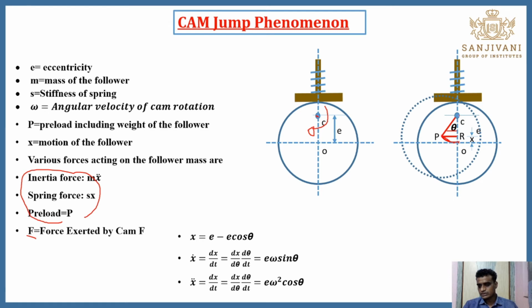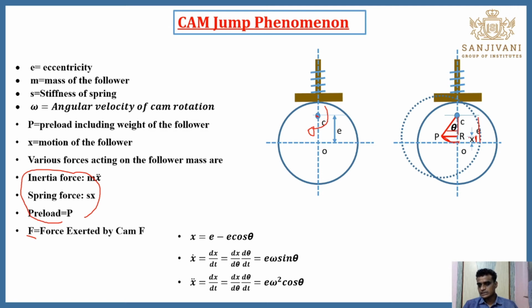Now just consider this right angle triangle. Initially this total distance is E. When it rotates, this is the distance traveled by the follower in the upward direction, which is x. To find this x, the total distance minus this CR is equal to x.